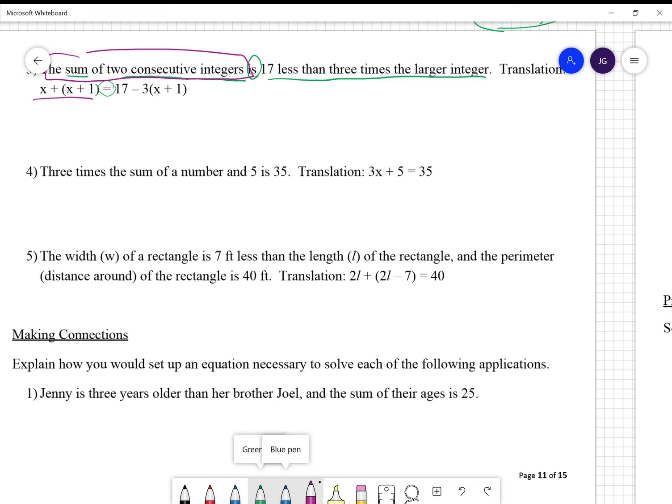Is my equal sign. 17 less than means take away 17. So taking away 17 looks like that. 3 times the larger is 3 times x plus 1. We need to subtract 17, not start with 17.